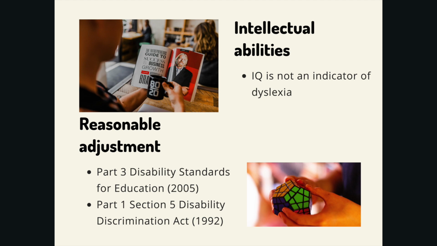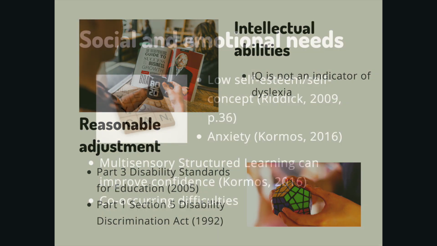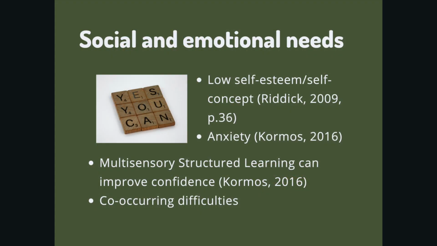Basically, reasonable adjustment is the idea that as an assessor, we need to allow learners to demonstrate their knowledge in alternative ways or make other adjustments to the assessment process which can help the learner, for example, giving someone with dyslexia more time to complete the task. Reasonable adjustment might also be a part of the legislation in your country if you're not in Australia, and it might have the same name or something quite similar.